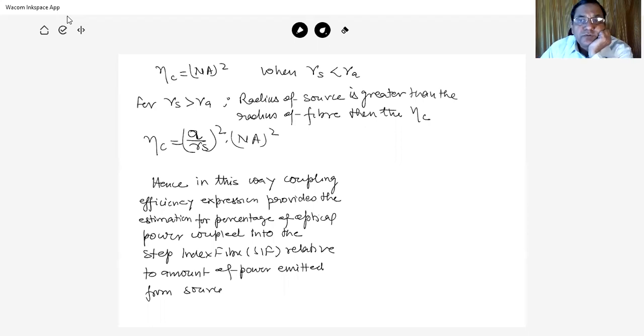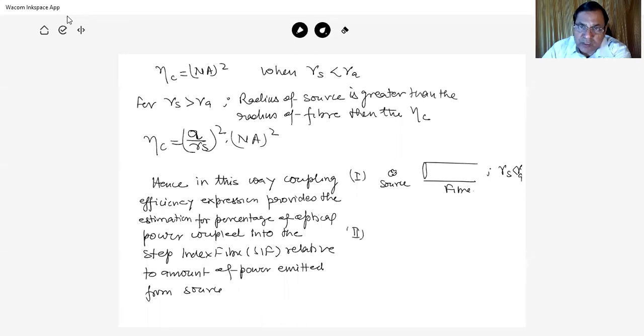So there are two cases basically. When this is optical fiber and this is a source, RS is less than RA, first case.